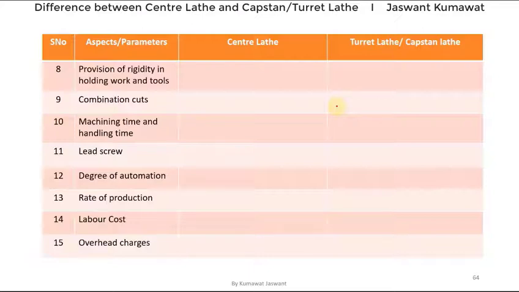Along with this, the cutting done by tools mounted on the hexagonal turret as well as by tools mounted on the cross slide front tool post and rear tool post can be made simultaneously. So there is good provision to provide combination cuts.